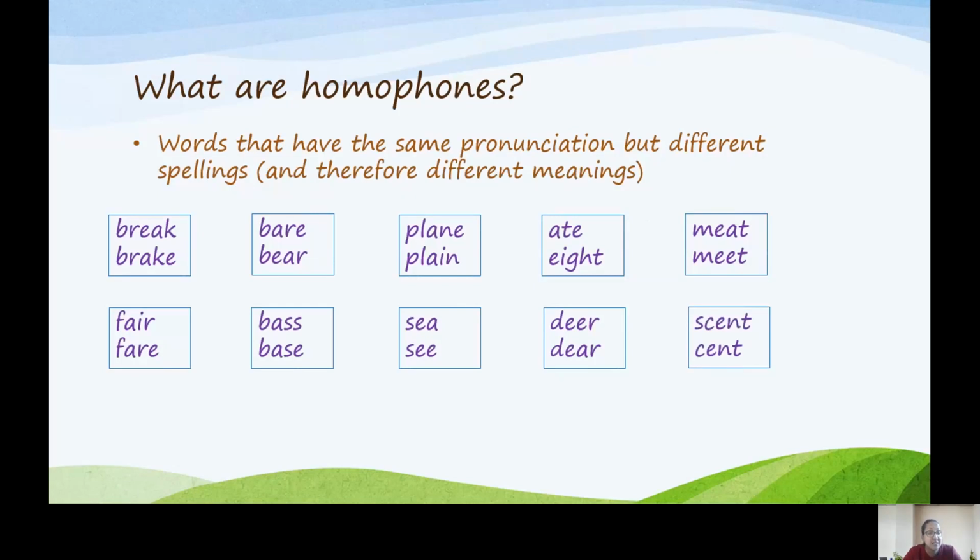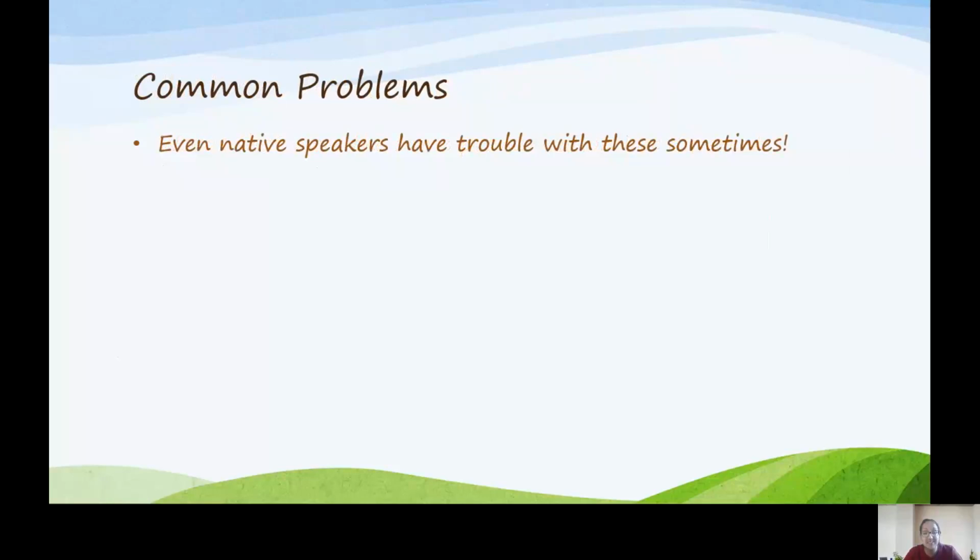Scent, as in a smell, a nice smell, or cent as in the equivalent of a penny in the dollar. So there are loads and loads of examples. I'm sure you can think of plenty yourself, but we're going to look at some common problems that even native speakers mix up at times.